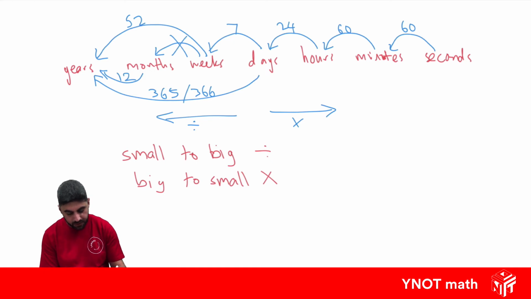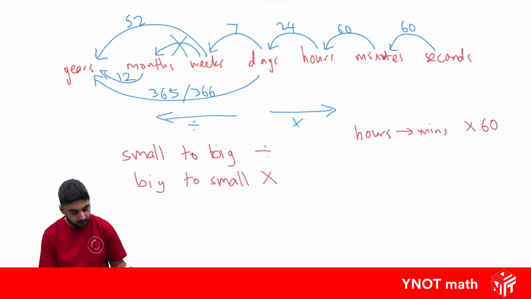So if I want to go from hours to minutes, what do I need to do? Well, I'm going from here to here. If I'm going this way, I need a times, and I need a times by 60. So if you're going from hours to minutes, you need a times by 60.